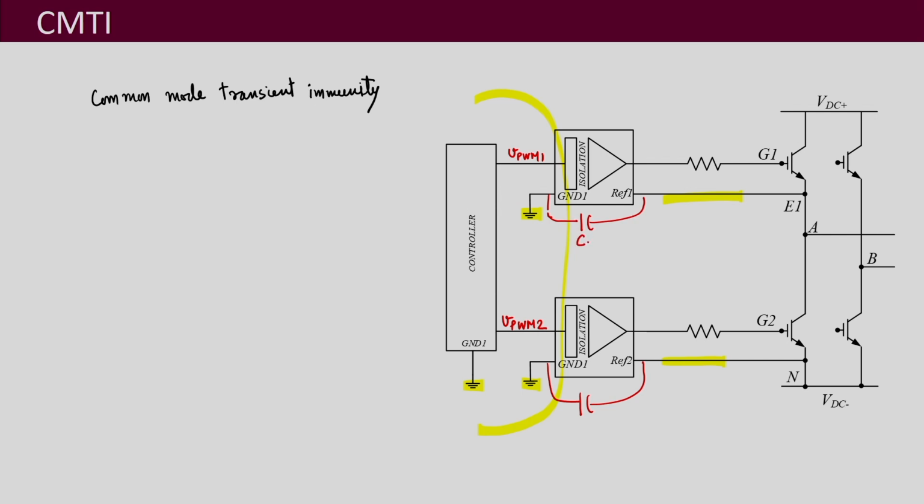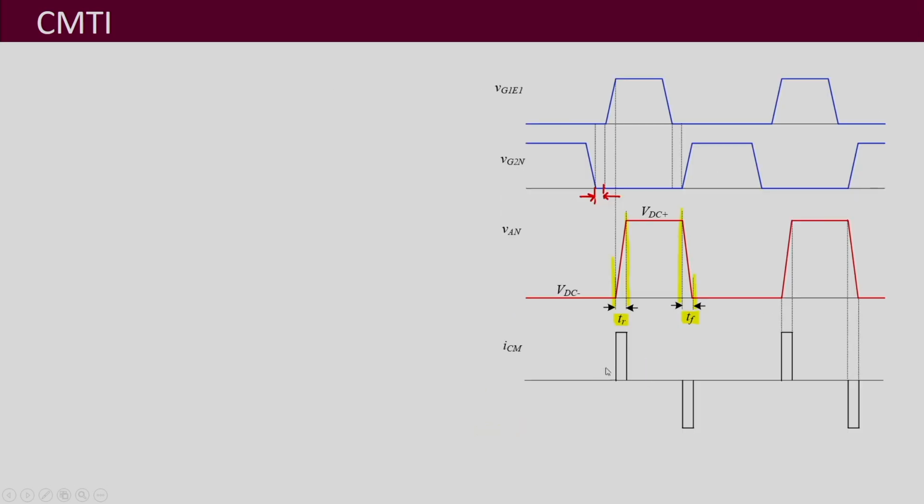So this was your coupling capacitance, and associated with it will be your current, let us call it the ICM current, common mode current, and that is the current which is plotted over here, and it will be there only for the short time period of rise time TR and fall time TF.